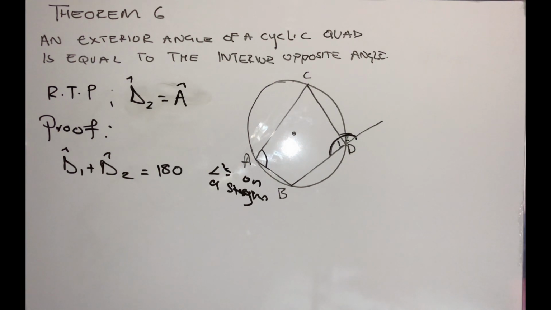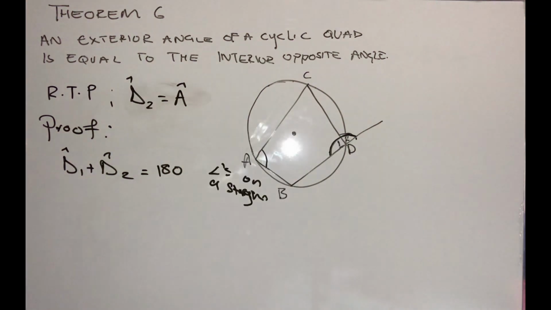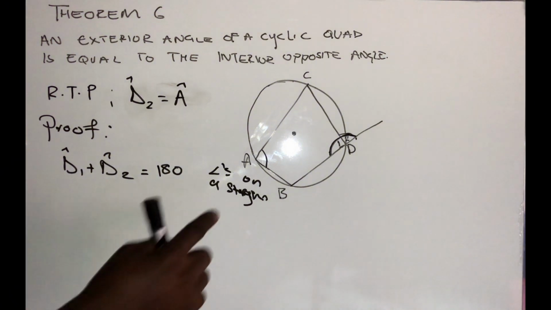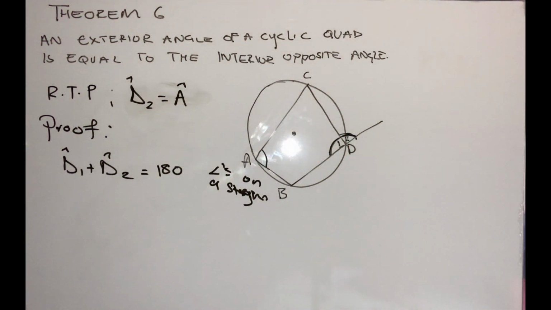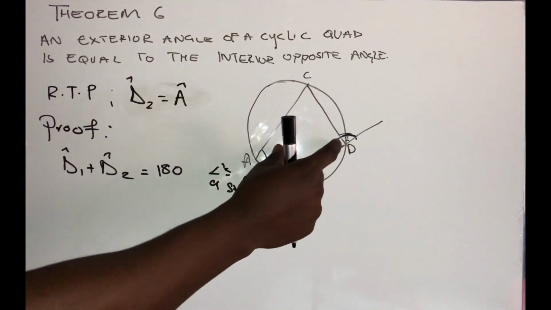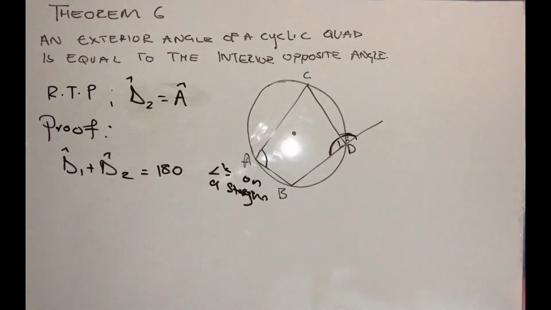And then if we look at angle A and angle D1, what can you conclude? Remember from the previous theorem that we've done, we said the opposite angles of a cyclic quad add up to 180, the interior opposite. So angle A is opposite to angle D1.